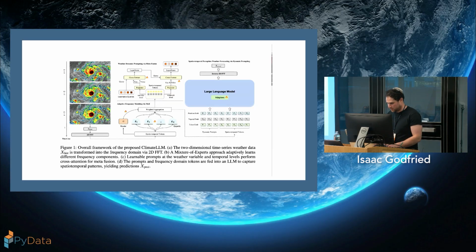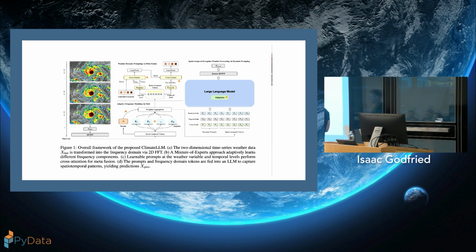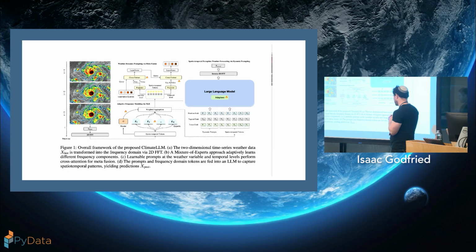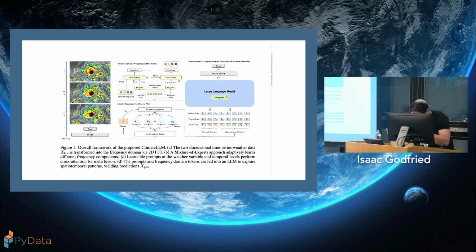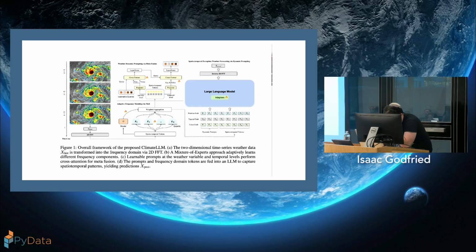So moving on from that, and kind of related to some of those thoughts, there have been several interesting papers that have taken this idea somewhat further for climate models, where you might have a bunch of different inputs, like time series weather data in this case, and then you also have actual images, and then you feed those into a large language model as different features, and then you have that predict various spatial temporal predictions based on that data.